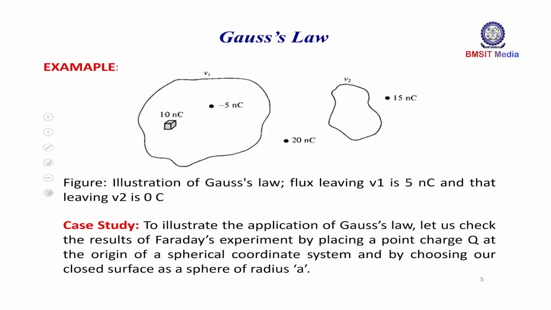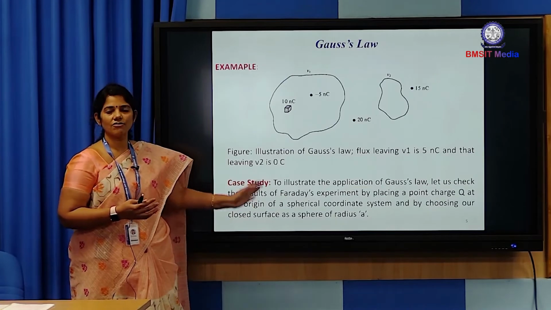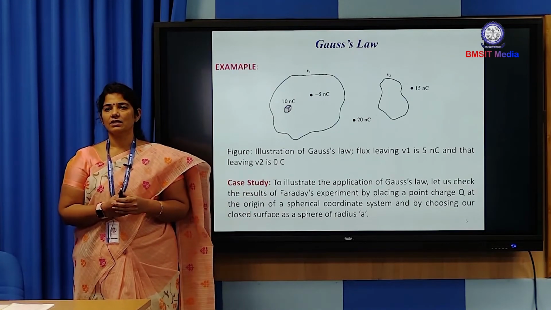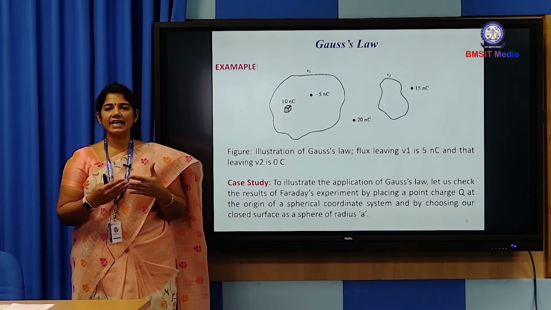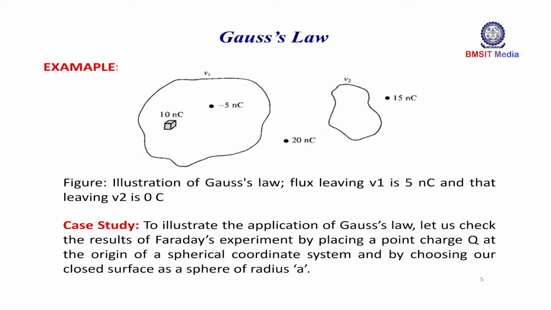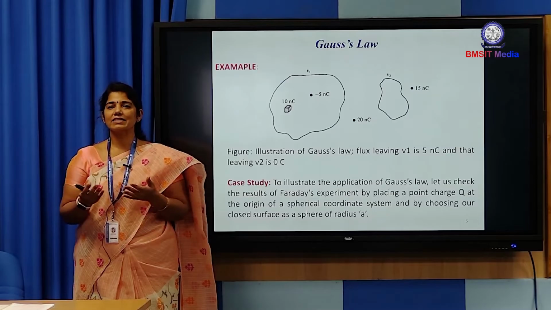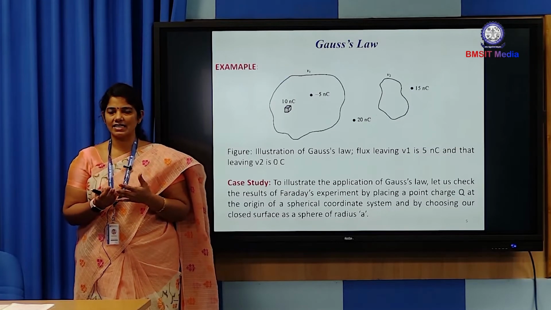So, if you take the case study, you can verify whether Gauss law is obeyed or not. We are applying Gauss law and taking the sphere for its application. Let us check the results of Faraday's experiment.